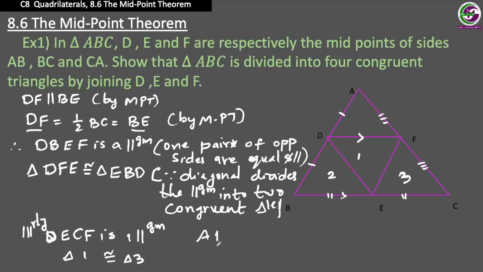Again, we can see that ADEF is a parallelogram. It cuts into 2 congruent triangles. So triangle 1 is congruent to triangle 4.